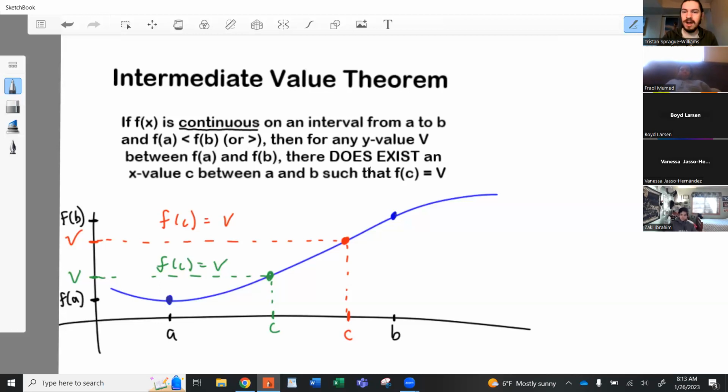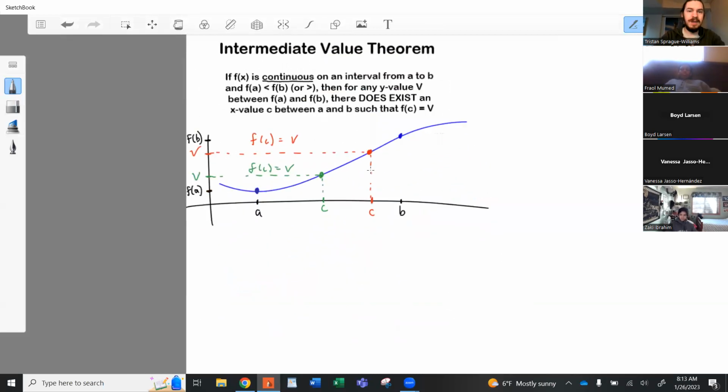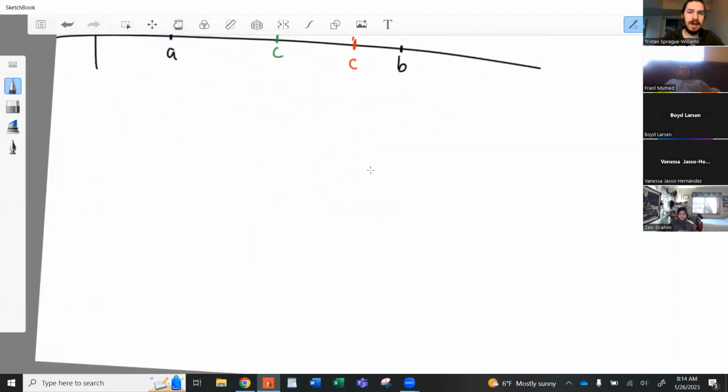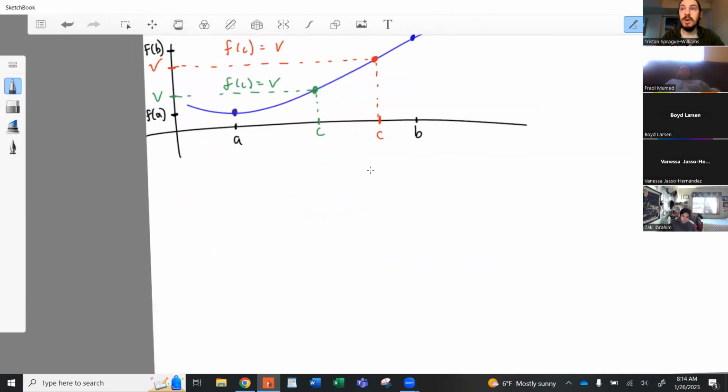One of the ways it can be applied is to say, oh, there's guaranteed to be a zero on a given interval. So let's take an example function.